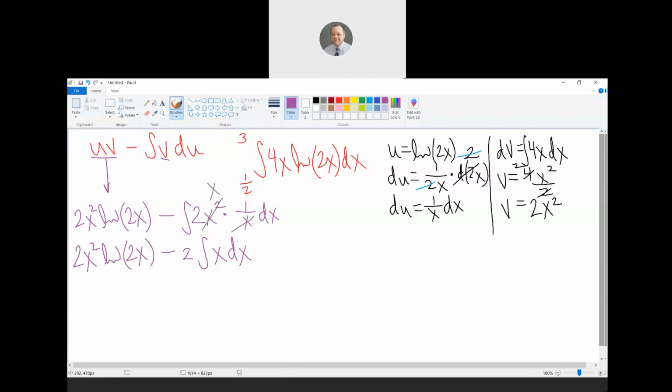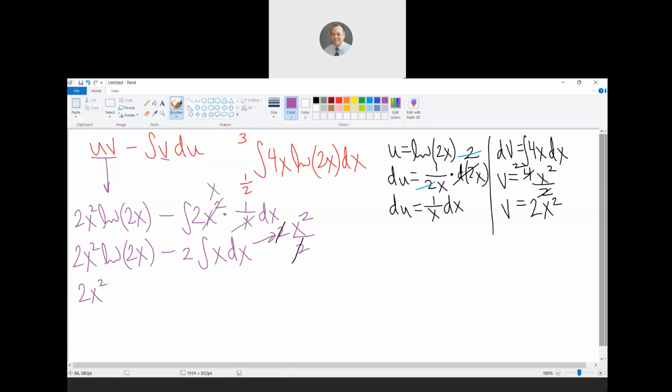Are there any questions before we continue? Now, the integral of x is very easy. That's just x squared over 2. But we have a 2 already in front, so those 2's cancel out.